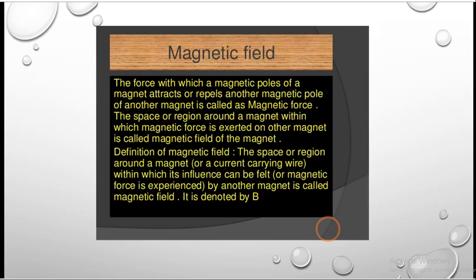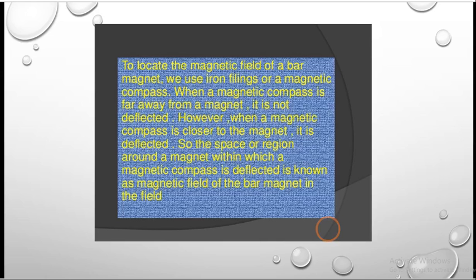The basic definition: the space or region around a magnet or a current carrying wire within which its influence can be felt by another magnet is called magnetic field. Generally, we denote it by B. To locate the magnetic field of a bar magnet, we use iron filings or a magnetic compass.